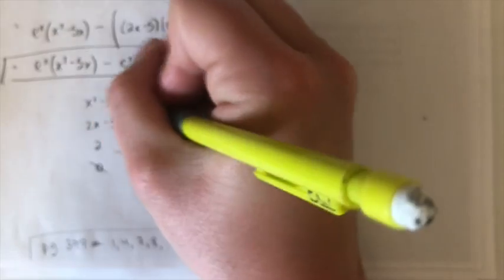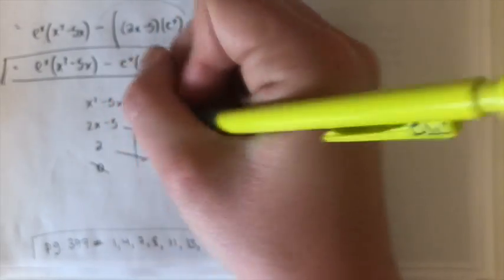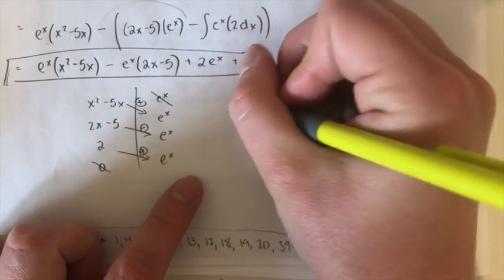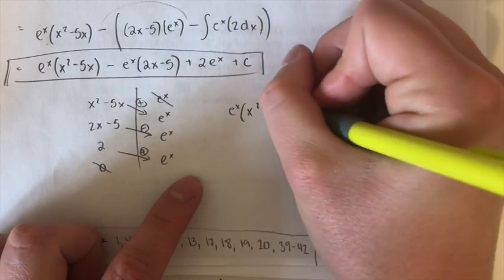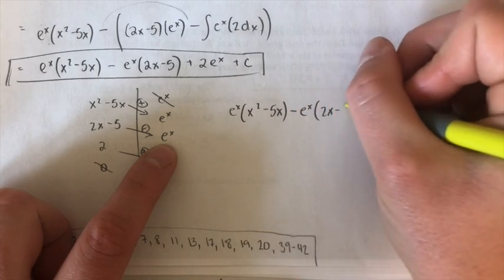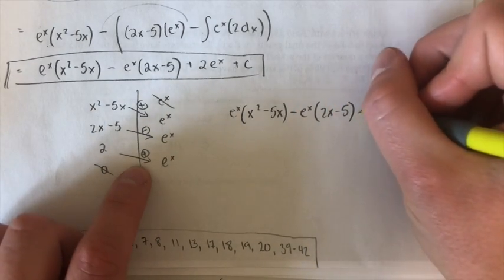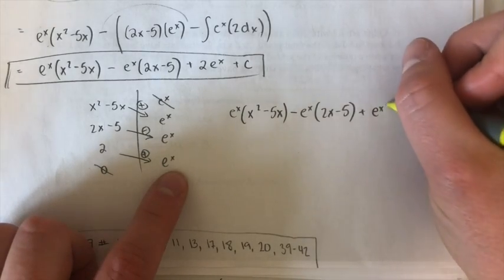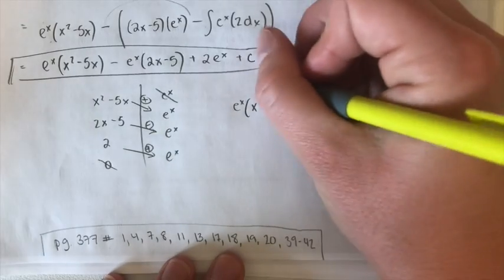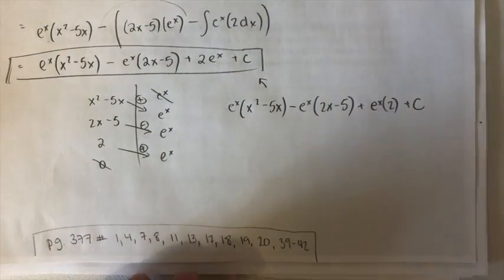And then we match diagonally, positive, negative, positive. So this is going to be e to the x times x squared minus 5x minus e to the x times 2x minus 5 plus e to the x times 2, and then plus a constant. So same thing. So we win.